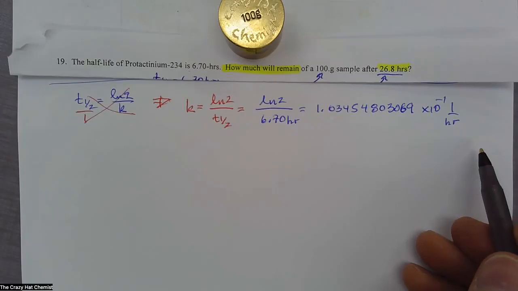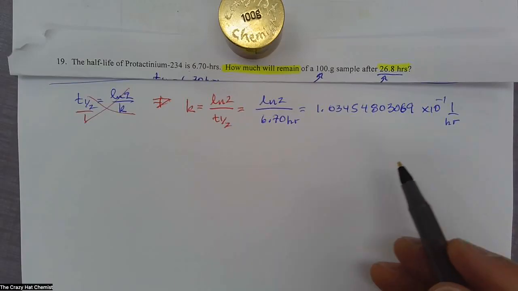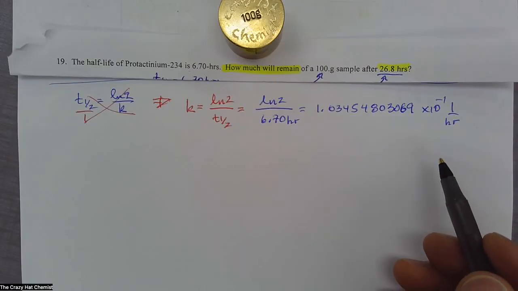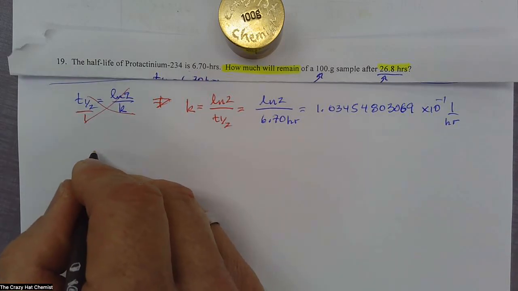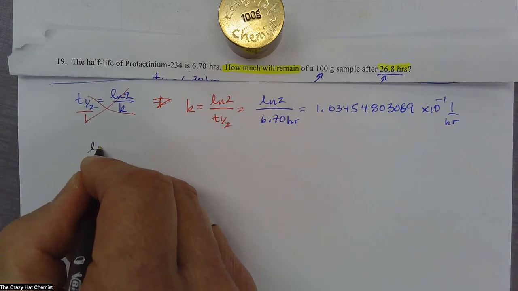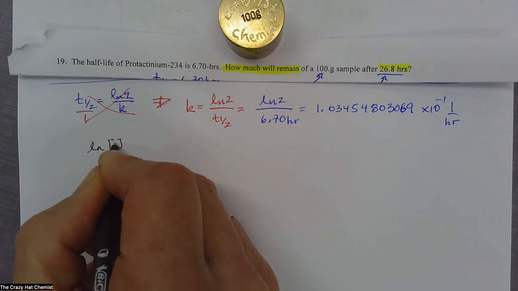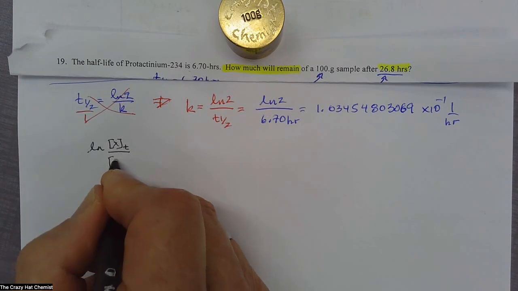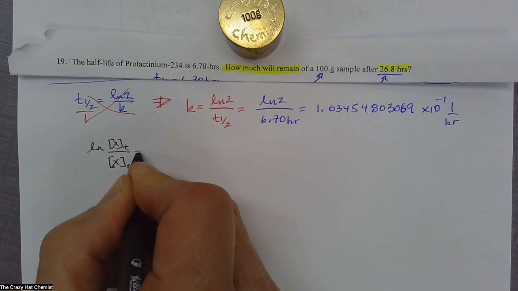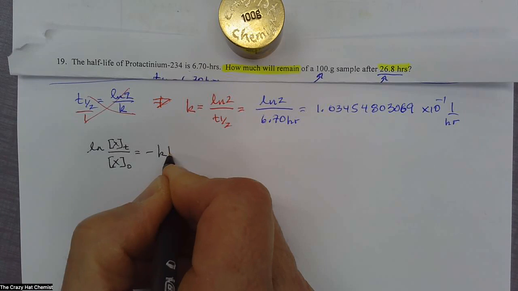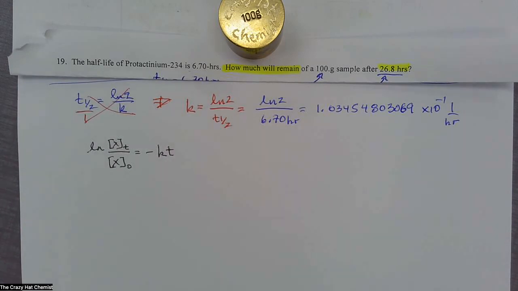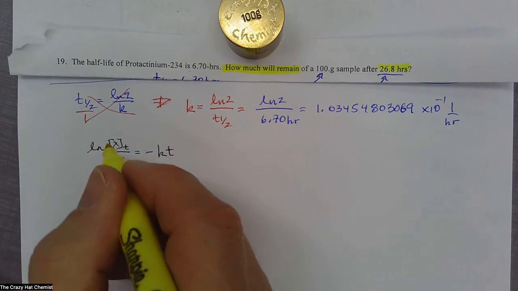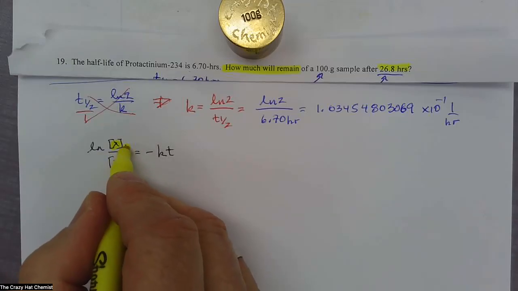Now, I am not going to round this number because we're going to plug this into the next equation. So here we go. The integrated first order rate law is natural log of x sub t, that's the concentration at time t, divided by the concentration at time 0 is equal to negative kt. So what we're going to do is figure out what we are solving for. We're solving for how much remains at a certain time.